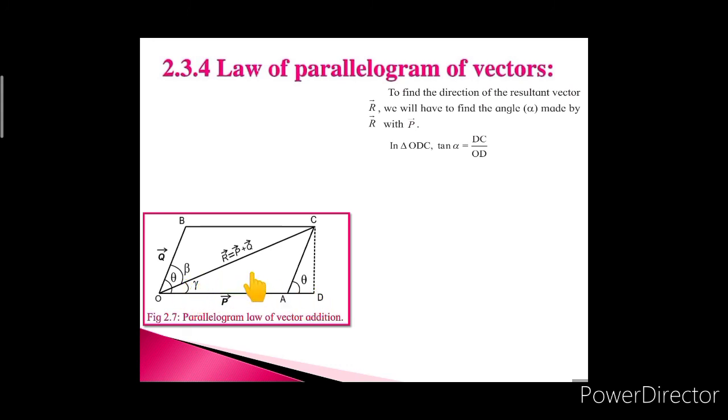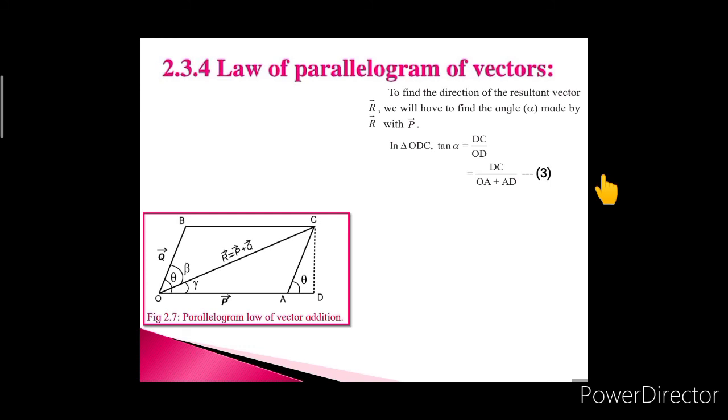Alpha having the opposite side as DC and adjacent side as OD. So we can write tan alpha as DC upon OD. Now we know that OD is nothing but OA plus AD. So we can write tan alpha is equal to DC upon OA plus AD. Give it equation number 3.